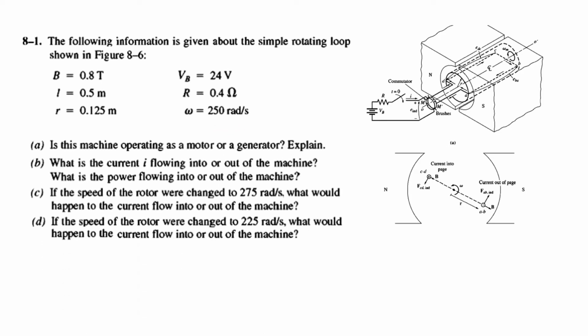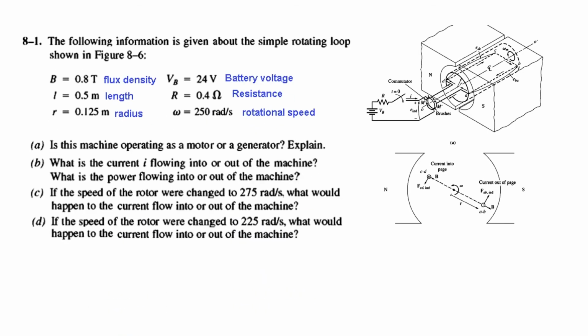So we have to find out these parameters. We'll do one by one, and just for you to remember, this is flux density, length, radius, battery voltage, resistance, and the rotational speed.